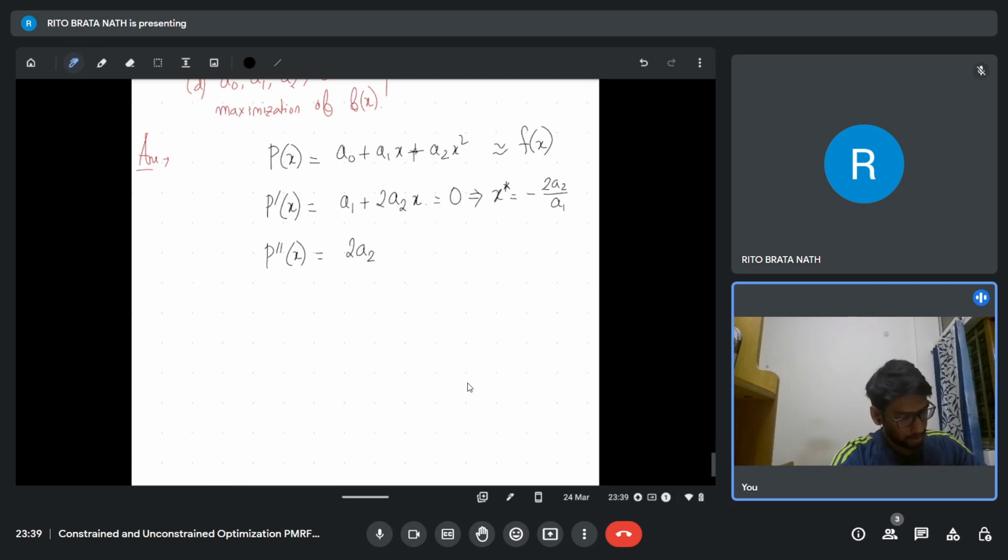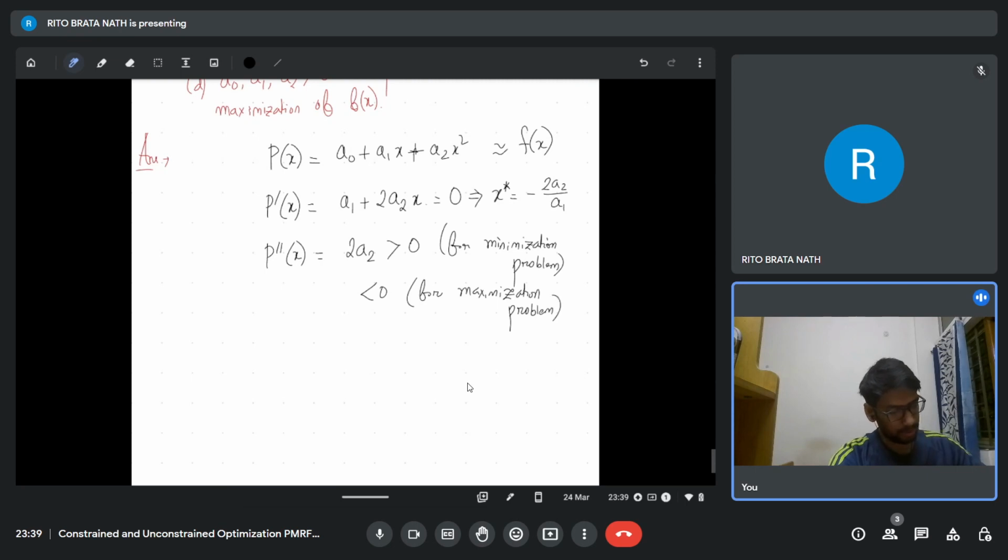Here, the second derivative should be greater than 0 for a minimization problem, and less than 0 for a maximization problem. So that means the sign restriction is only on A2.